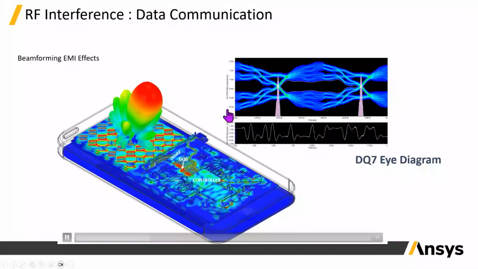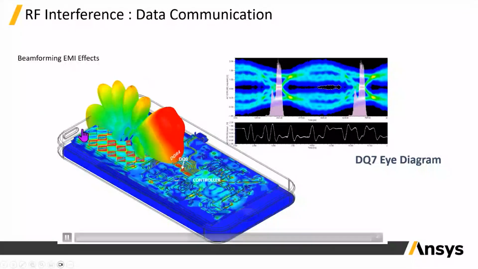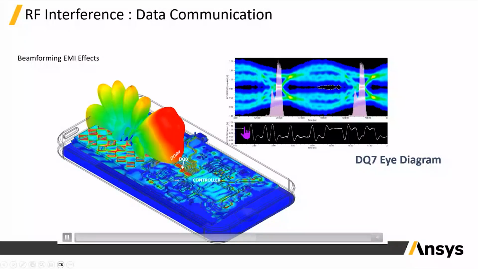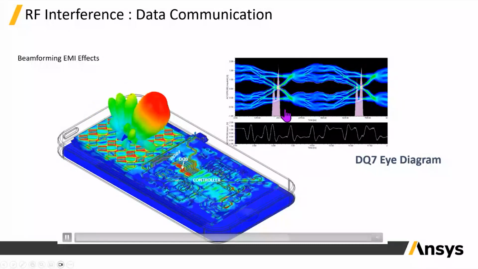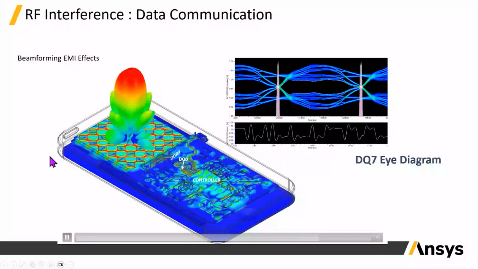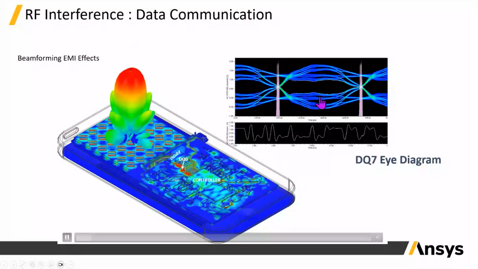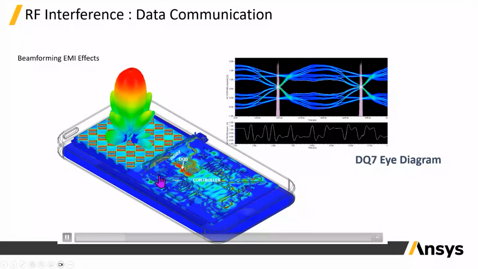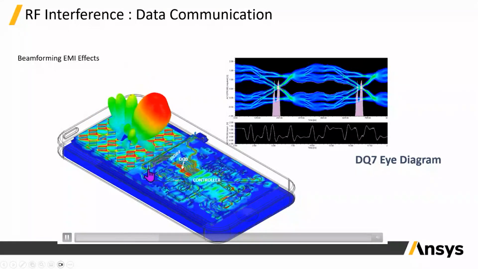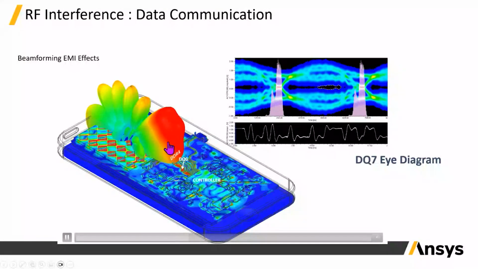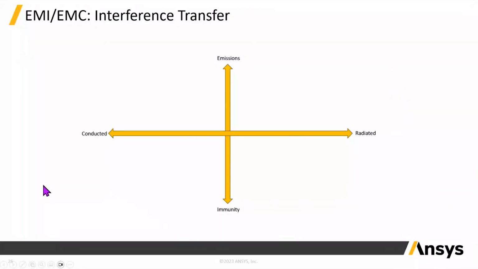Measurement is difficult because your antenna may steer in all different directions, and only at a particular direction are the eye diagrams going bad. In the other directions, when it is radiating, it is still able to communicate. So this will help you decide whether you need additional shielding on your digital circuit to protect it from the RF radiation. So that was a simple EMI/EMC or RF interference problem.